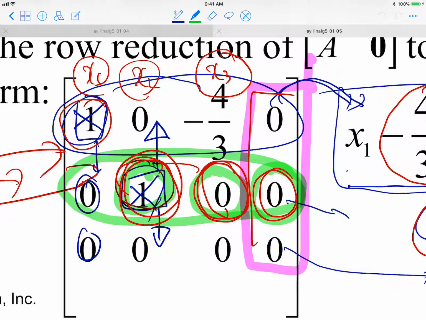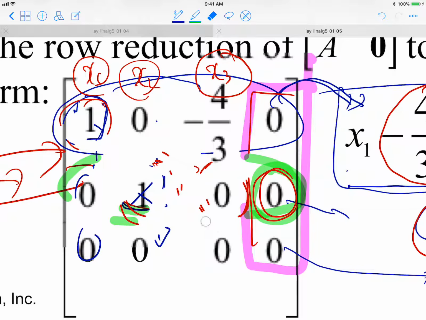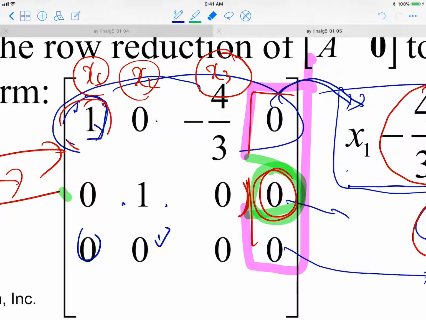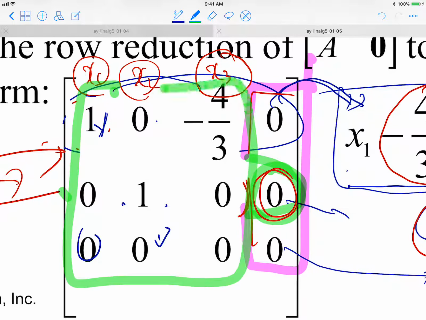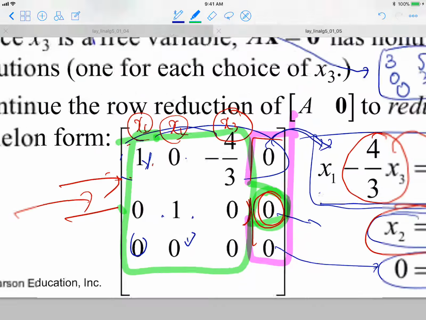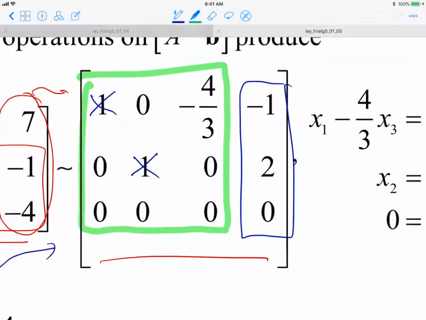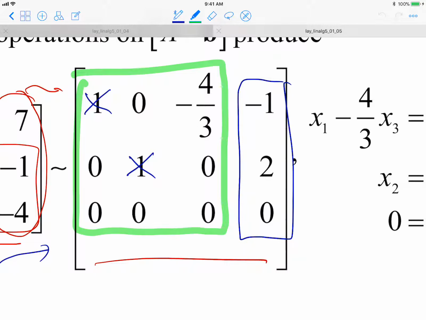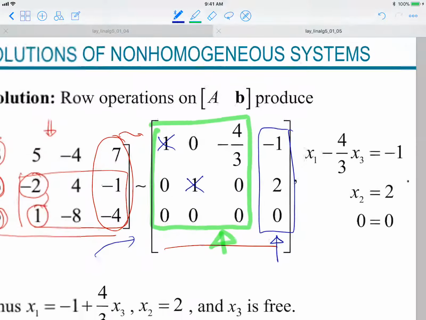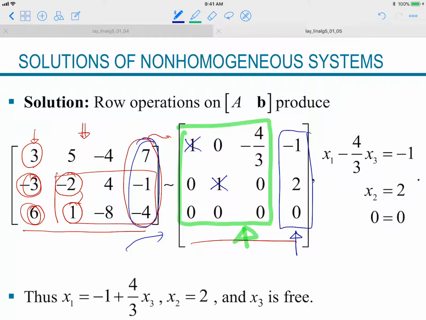So if we look at this part, it will be exactly the same as this part in our slightly different linear system where we started with a different b part.